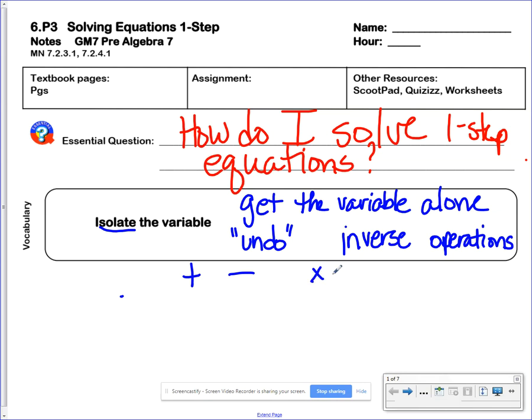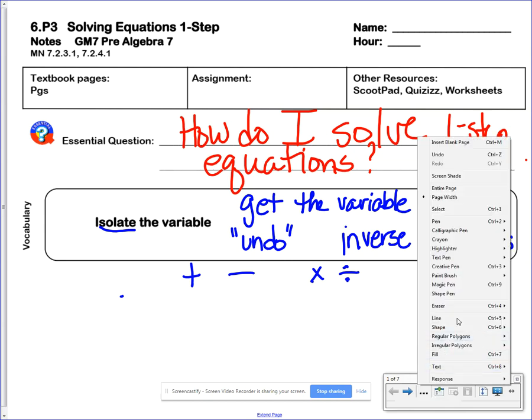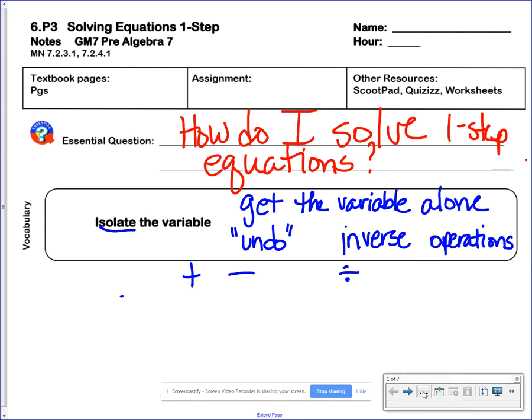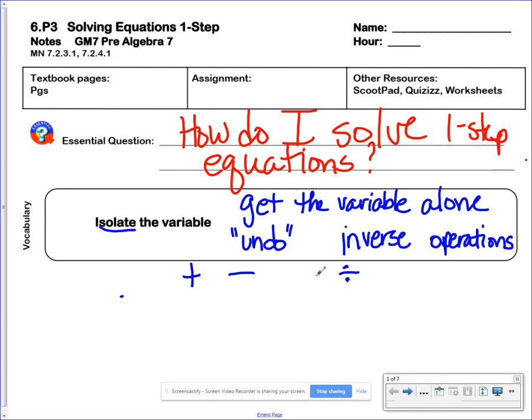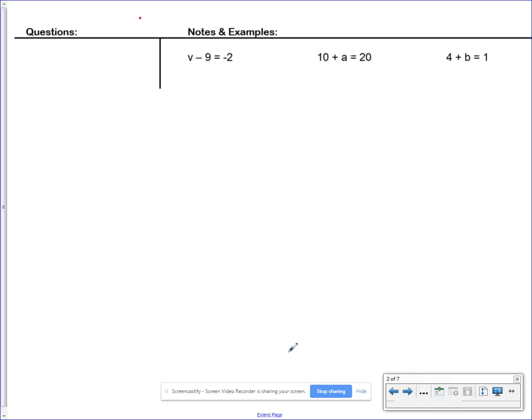Likewise with multiplication and division. Although I've got to tell you, we all need to stop using x for multiply, mainly because you're going to see x as a variable all the time. So I'm going to switch to using that raised dot. All right, so let's see what I'm talking about and how I want you to show your work.